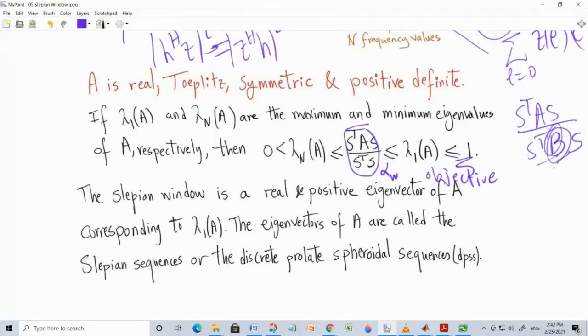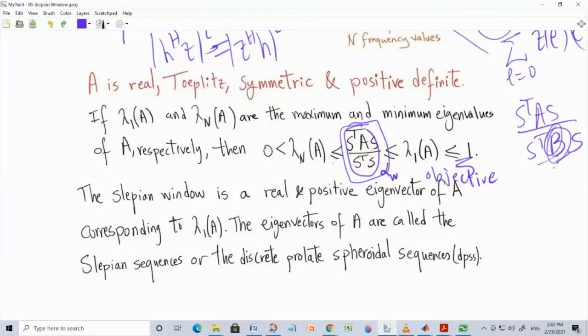The so-called generalized Rayleigh quotient problem. For symmetric matrices, this quantity is lower bounded by the minimum eigenvalue and upper bounded by the maximum eigenvalue. It's one of the properties.